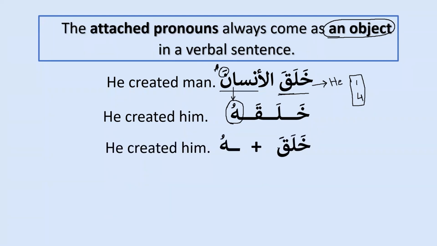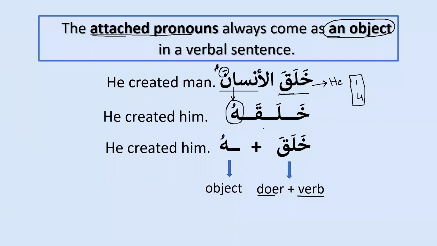As we can see over here, khalaqa plus hu, so it's the combination of khalaqa plus hu, and we will say that khalaqa is the doer and the verb, that is the inbuilt doer and the verb, and hu is the object, that is the receiver of the action. So once again, let me repeat that the attached pronouns, whenever they are attached to a verb, they will always be the object of the action, or they will be the object in the sentence.